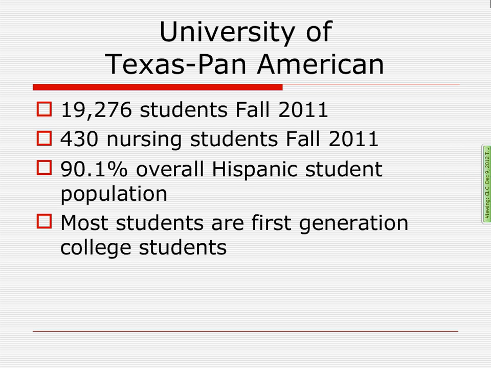What I think is probably most significant is that we have a 90.1% overall Hispanic student population. I'm sure you're aware that the Hispanic population is growing, so I am going to assume that maybe you will be teaching some Hispanic students where you are. Most of our students are first-generation nursing students, or actually at the university, they're first-generation period.